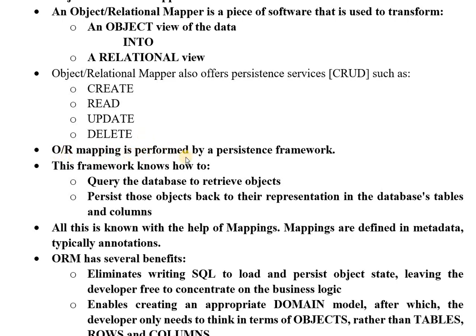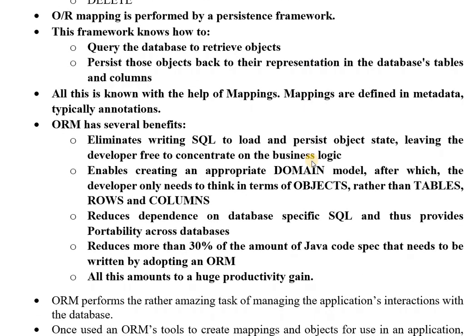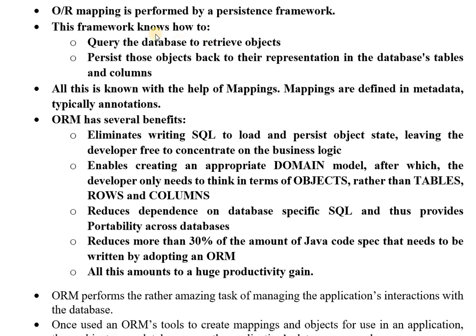So object relational mapping is performed by the persistence framework. Whichever persistence framework you are using, the object relational mapping is performed by this framework. Now the obvious question is, how will this framework work? This framework will know how to query the databases to retrieve the objects.